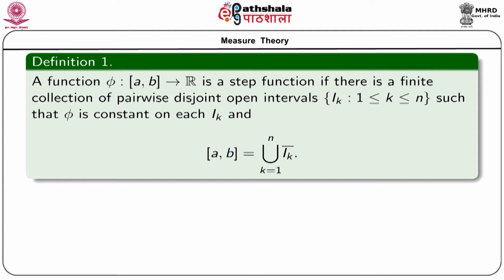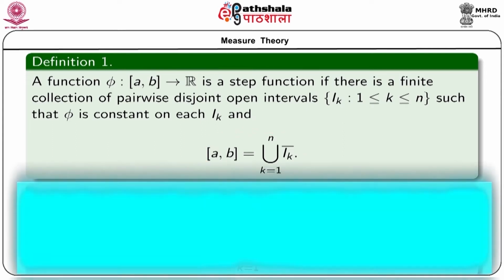So, there are n intervals such that phi is constant on each I_k, and the union of the closures of these subintervals, that is, the union over k equals 1 to n of I_k bar, is the full closed interval [a, b].